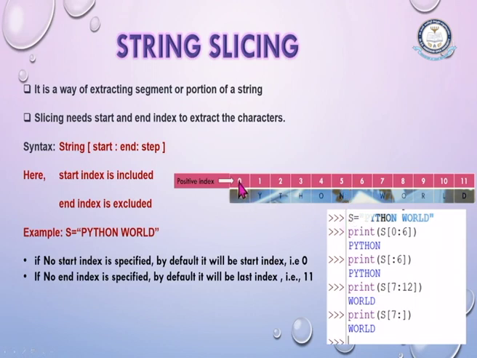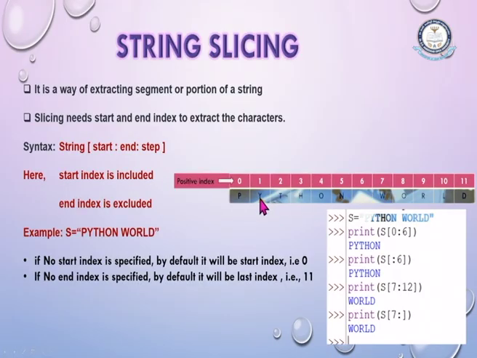That means at the 0th index we have the character p, at index 1 we have y, at index 2 we have t, at 3 we have h, at 4 we have o, and at 5 we have n. But what about the 6th? The 6th index is excluded, we have already clearly mentioned it. The end index is always excluded.